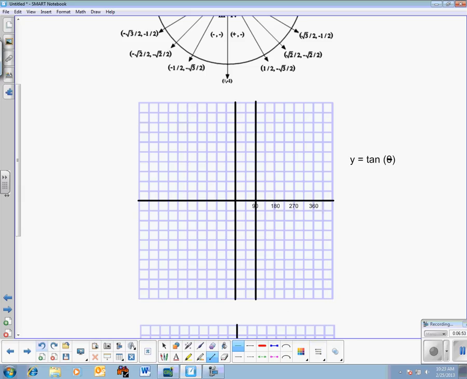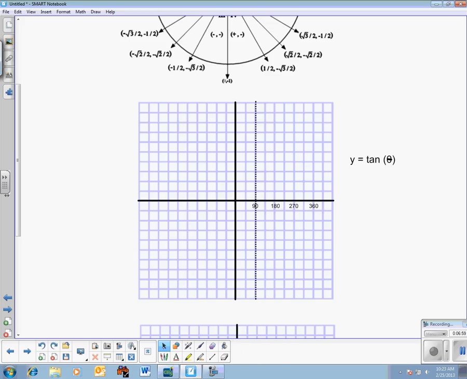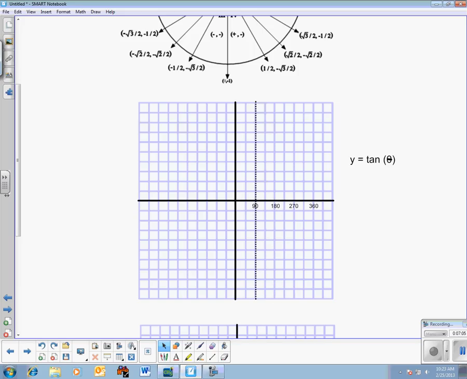You're not allowed to have your graph cross this line. Basically every 180 degrees from there is going to be another asymptote. So that's going to happen at 270, and again 180 from there, which would be, what, 450, negative 90.